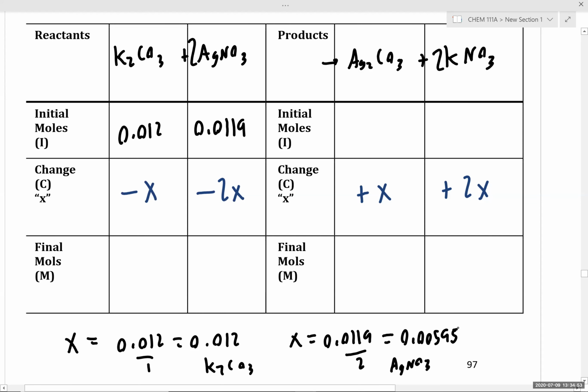Okay, so which value of X is smaller? Which reactant is limiting? Silver nitrate or potassium carbonate? Silver nitrate. So we're going to plug in the value of X for silver nitrate.